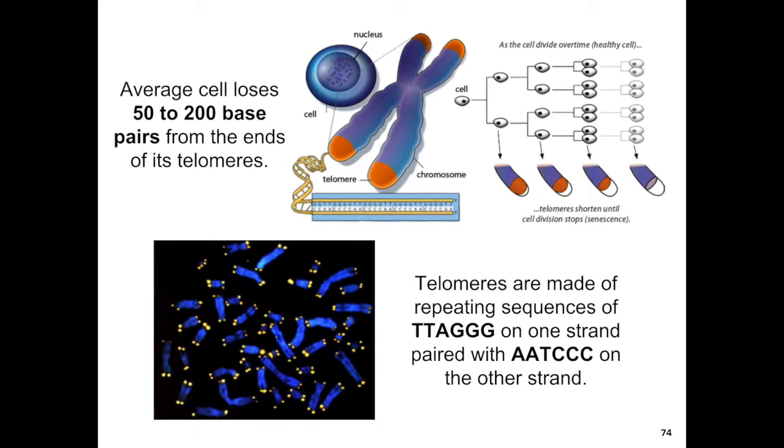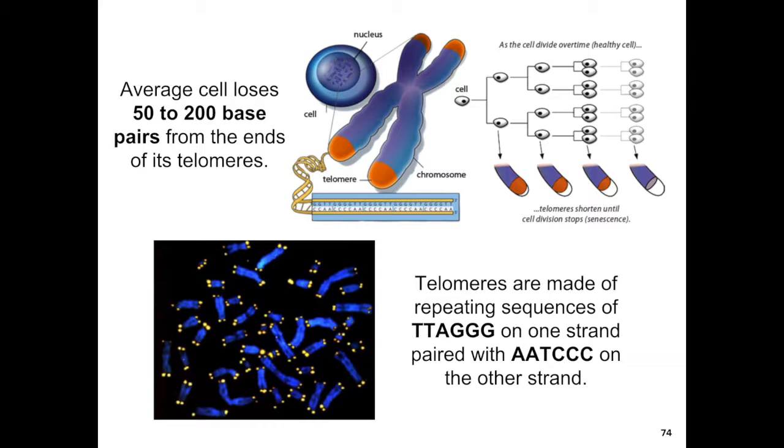And in human blood cells, the length of the telomeres ranges from 8,000 base pairs at birth to 3,000 base pairs as people age, and as low as 1,500 base pairs in elderly people. In comparison, I want you to think that an entire chromosome has about 150 million base pairs.